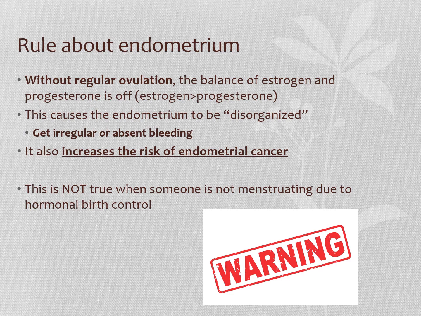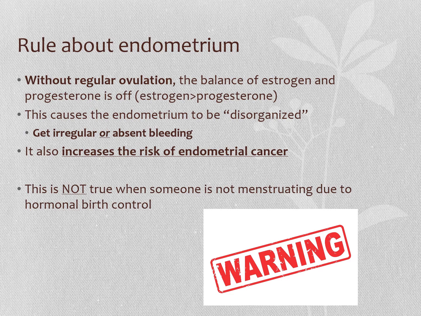So not only do you get irregular or absent or unpredictable bleeding in terms of periods, it also ends up increasing the risk of endometrial cancer. So that's why, as a medical person, I really care about whether somebody's periods are regular or not.